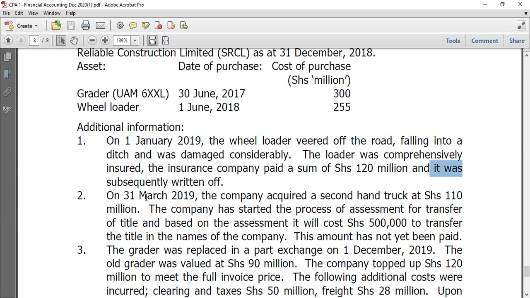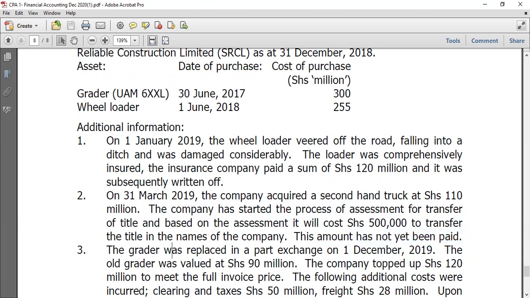On 31st March 2019, the company acquired a second-hand truck for shillings 110 million. The company has started the process of assessment for the transfer of the title, and based on the assessment, it will cost 500,000 to transfer the title into the names of the company. This amount has not yet been paid, okay?